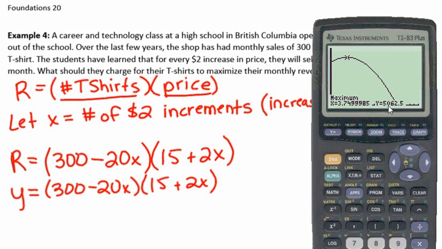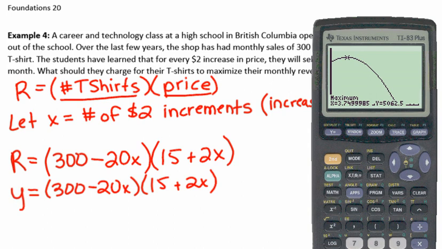I'm going to make $5,062.50. So in order to find what price I have to charge, well, my X value is 3.75 increases of $2. So that's how many times I'm going to go up by $2. So it'd be 3.75, so not even quite 4 times.